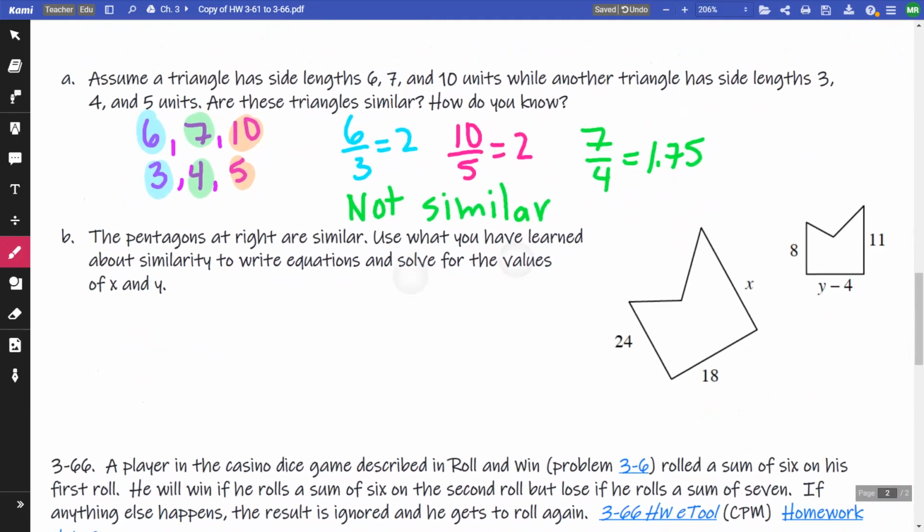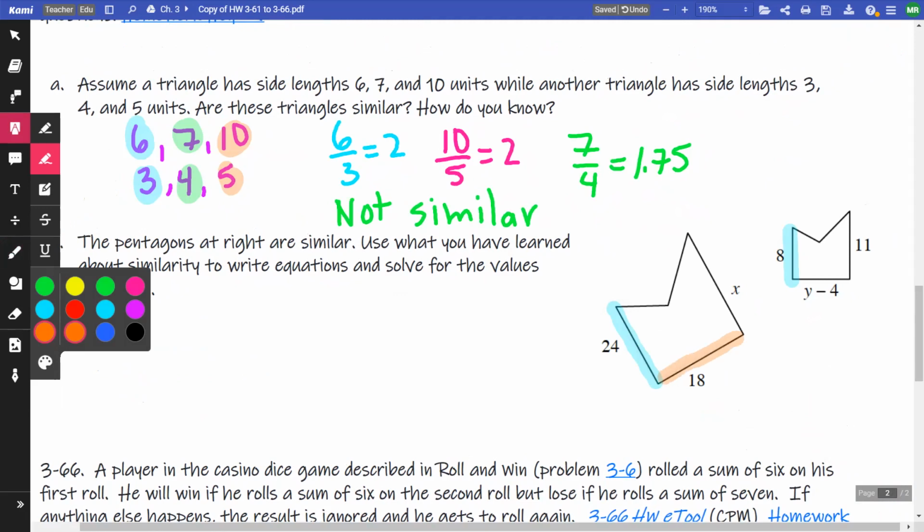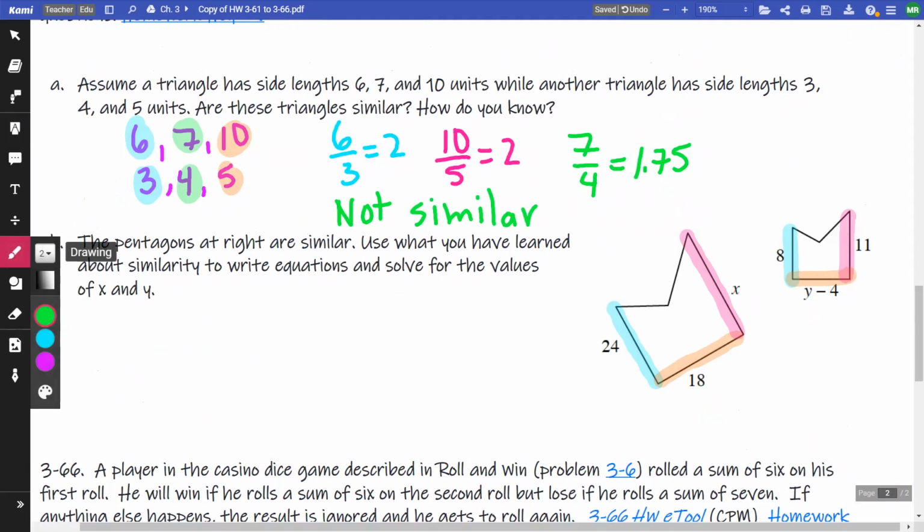On B, we have 2 pentagons, and let me just color code. So this and this go together, this and this go together, and this go together. Okay, so I want to find X. A couple ways you can do this.